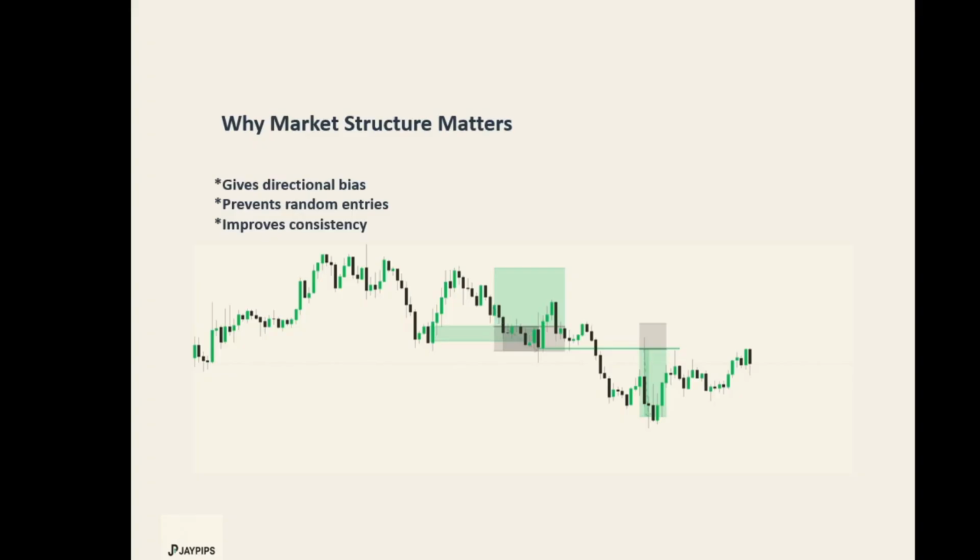But then after this first position where you forced yourself to take a buy or a long position, the market started buying and then it broke below the structure, giving you a new swing, which is a lower low.